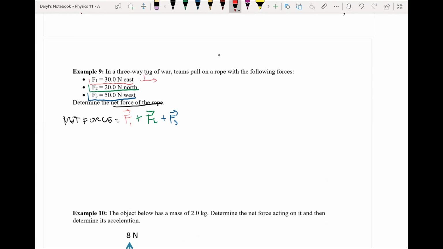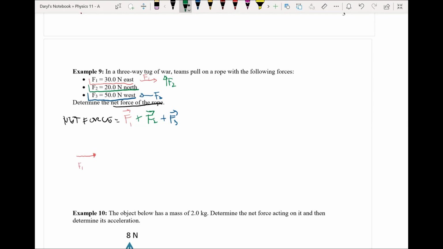So this would be my F1. F2 can be written to the north, that's upward. And west is to the left. So this would be your F3. To draw the vectors, you start with your F1 going to the right, east. That is your F1.